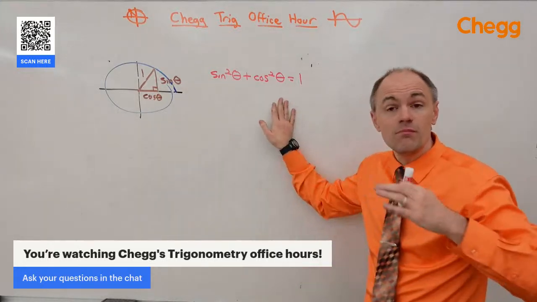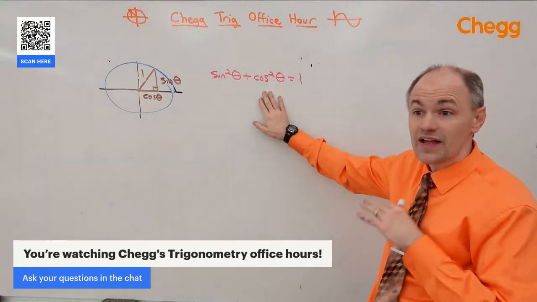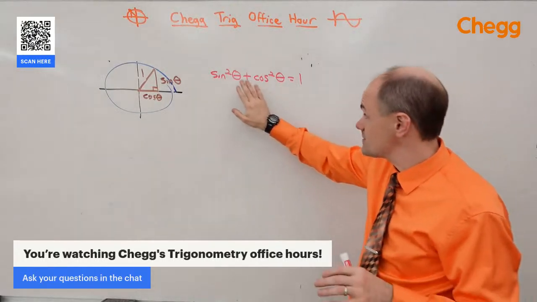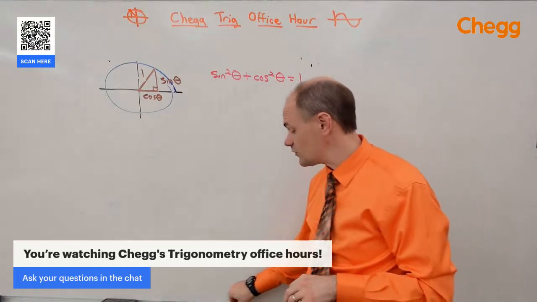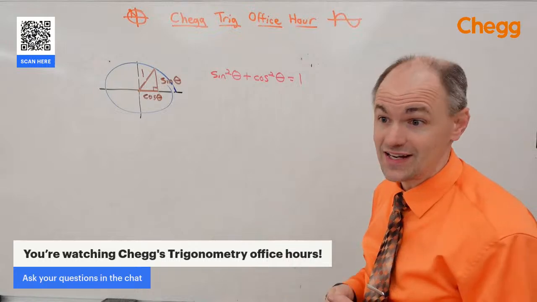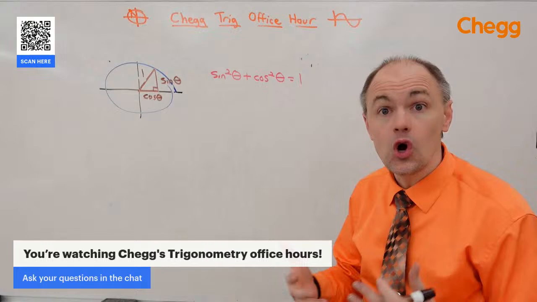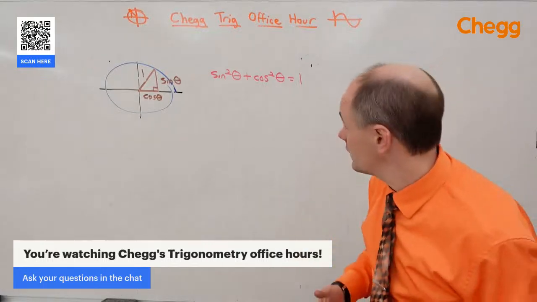This is probably the most important, most used, most needed trig identity that comes up all the time. Sine squared plus cosine squared equals 1. But what's nice is this one kind of lends to 2 more trig identities that are Pythagorean identities, but you don't have to memorize them if you know where they come from and how they work.